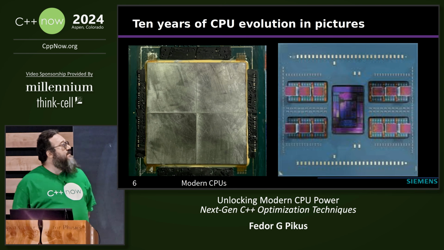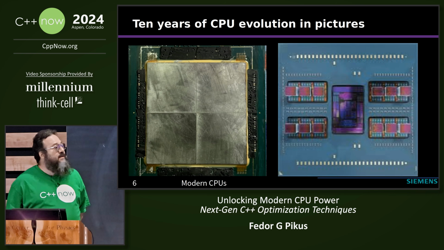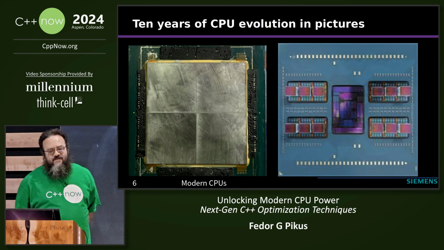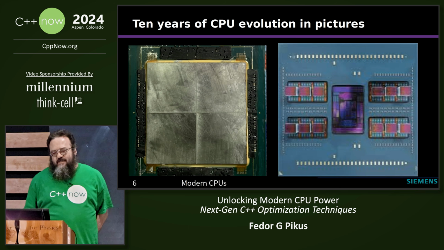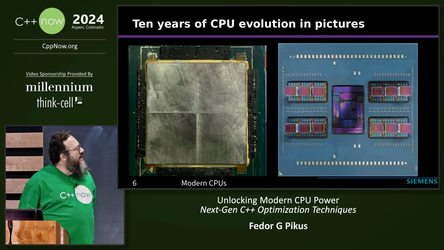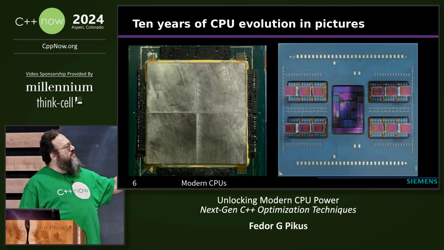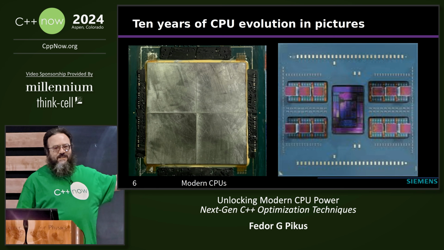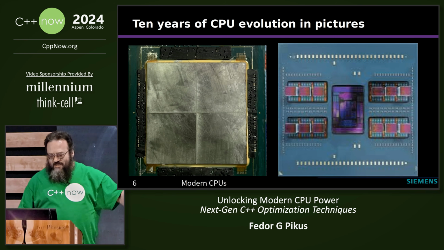Sapphire Rapids on the left and EPYC 4 Genoa on the right. There's something interesting about this picture. It may be a little harder to see on the left picture. Anybody notice what's unusual about it compared to all the previous CPUs? Multiple dies. It's not one die.